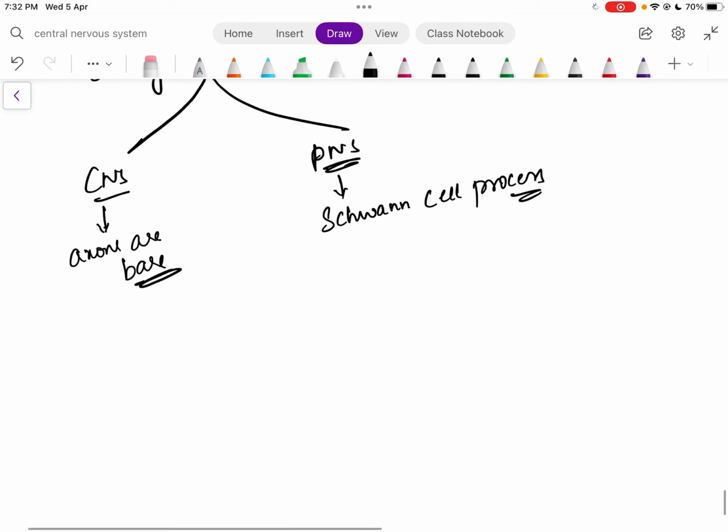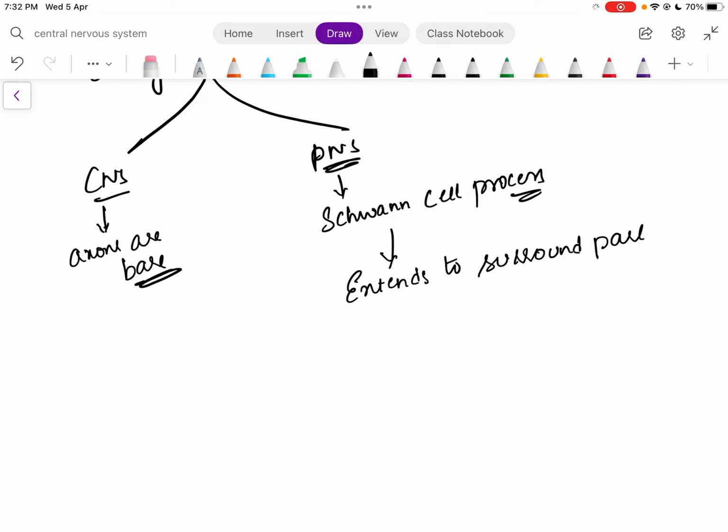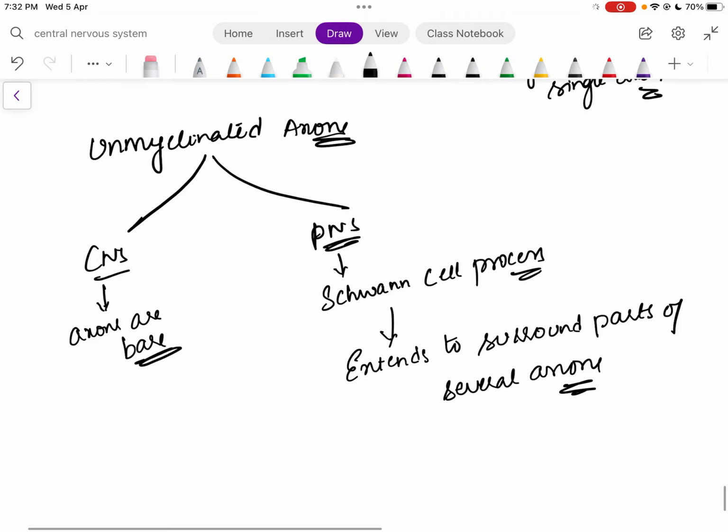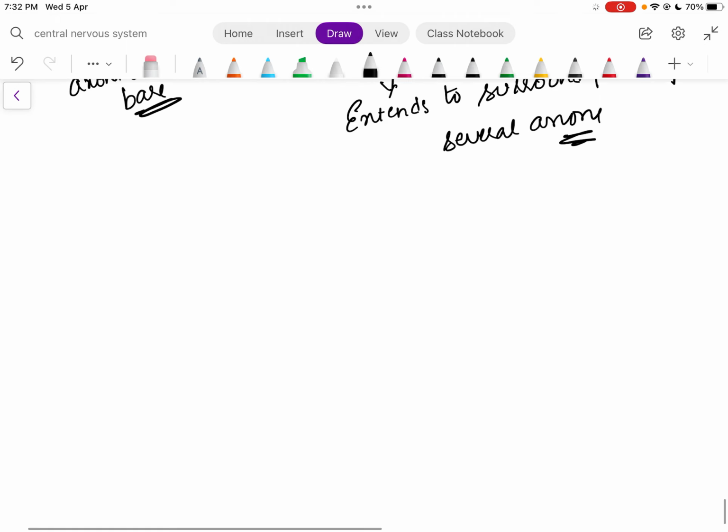What is the function of this Schwann process? They will extend to surround parts of several axons. This is what happens in the unmyelinated axon. In the CNS, the axons are completely bare, they won't have any cells. But in the PNS, they will have Schwann cell processes.